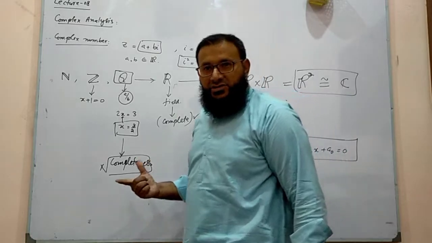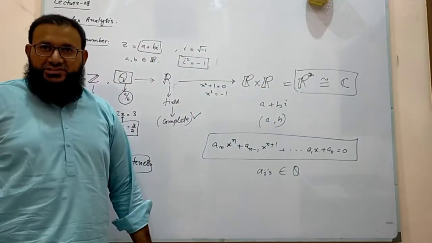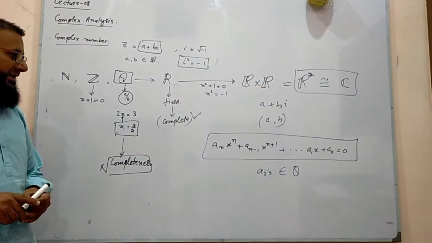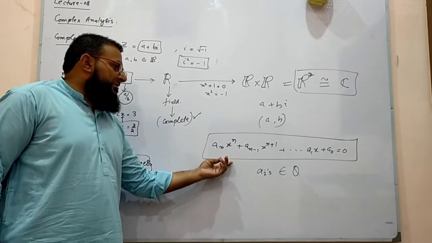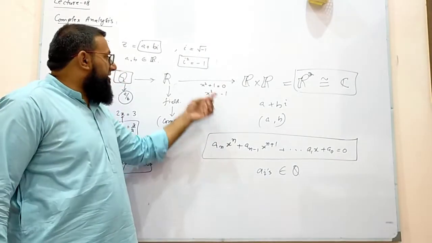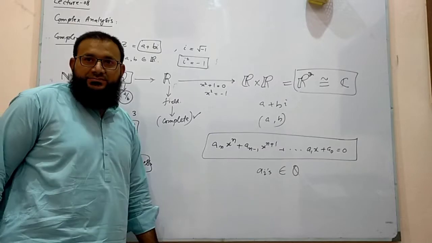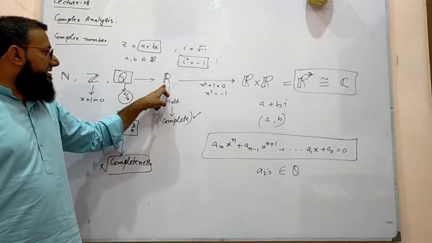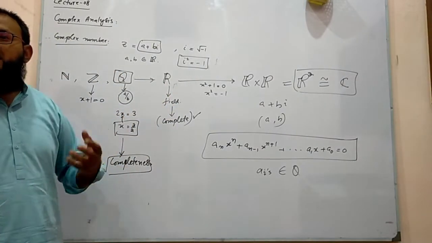This is a polynomial equation with rational coefficients. It is not possible to get the solution of this equation in the set of real numbers. So we say that the set of real numbers is not algebraically complete.